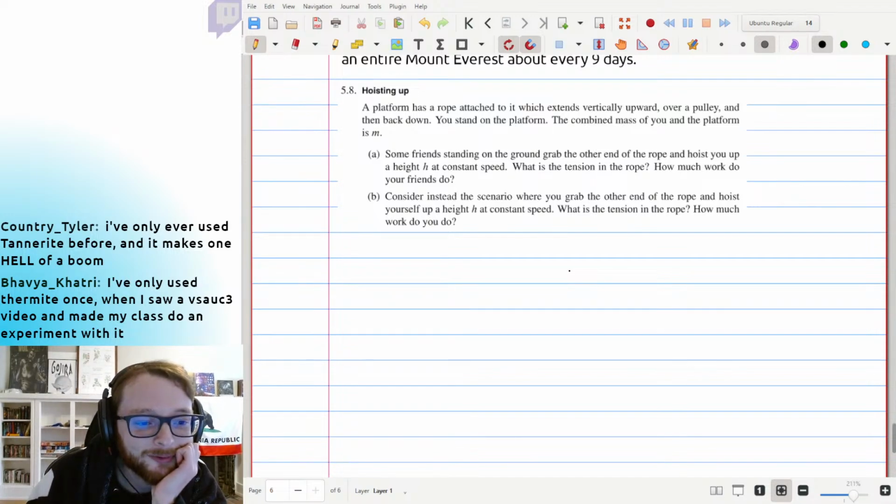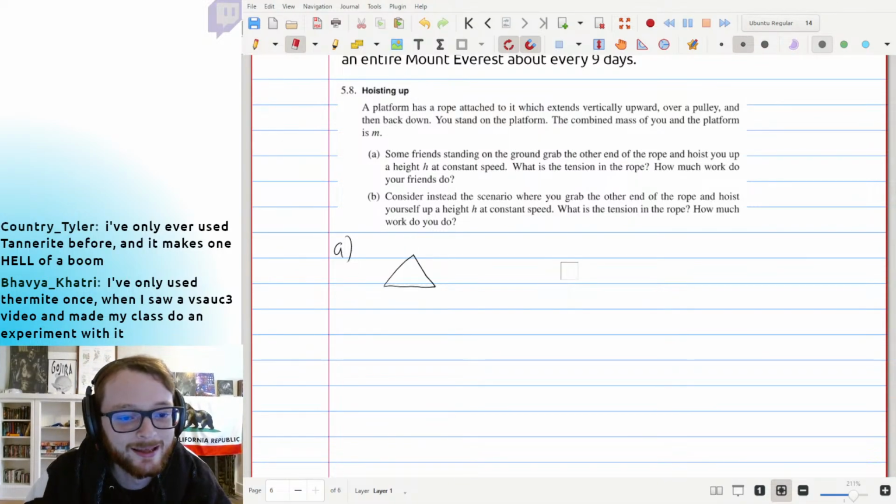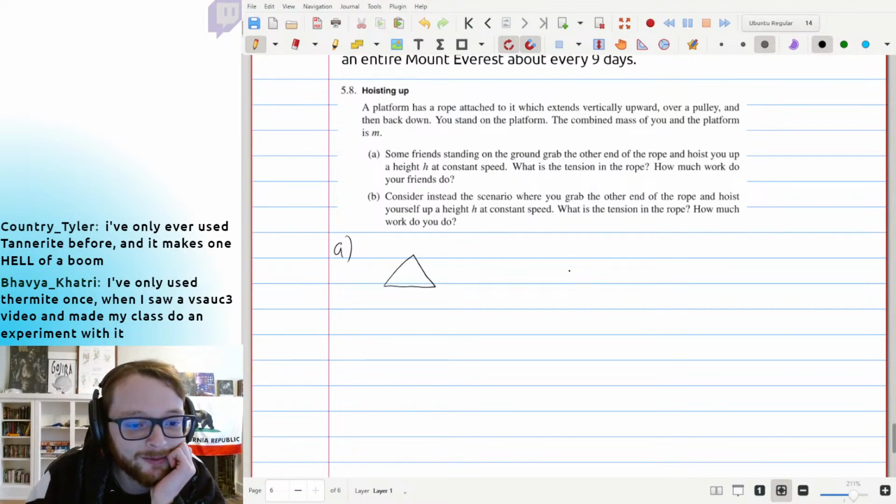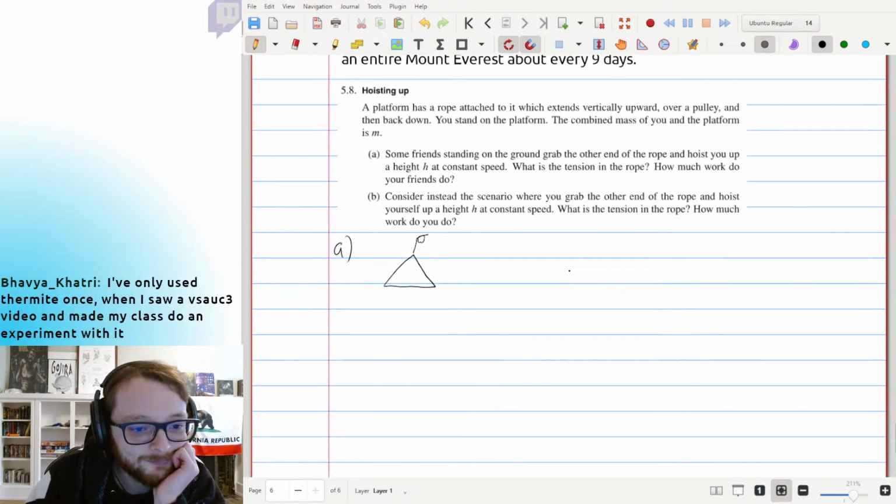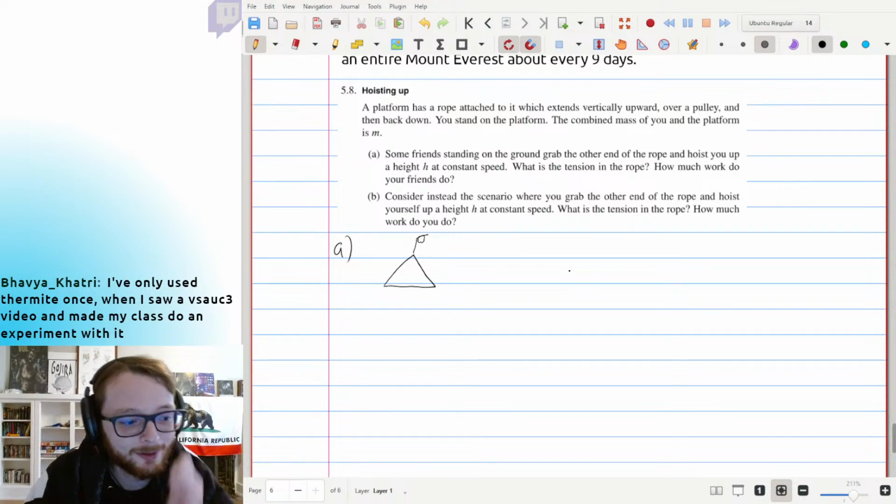Okay, A looks relatively straightforward. B looks weird. Wait, this is the least important part of the problem, but I insist on drawing it relatively accurately, apparently.